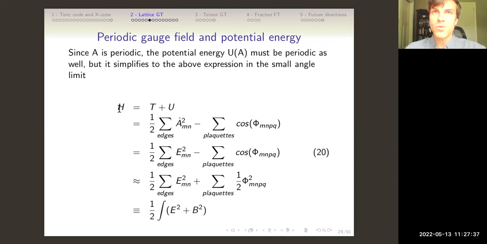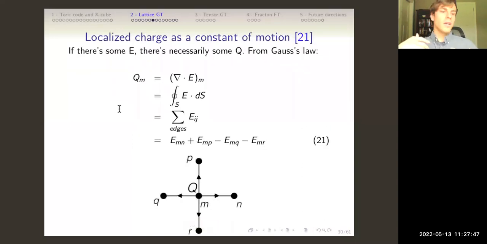What we need to consider now is we've said that there's this electric field coming from the gauge field, but where does the electric field come from? We know that there's this construction between charge goes to potential, goes to electric field. So if there's some E, where is the charge that's creating it? And we're going to locate that on the vertices in the following way.